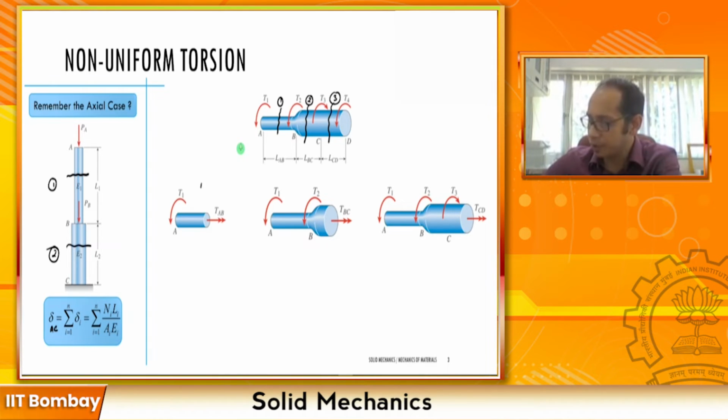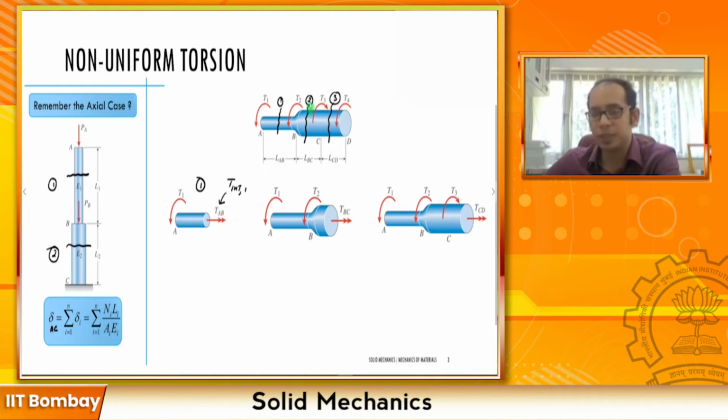For the first one, I can draw the free body diagram. If I separate out this part, on the left I have T1, and suppose the internal torque, let me call it T_int just for the sake of discussion. So the internal torque T_int in section 1 is T_AB.